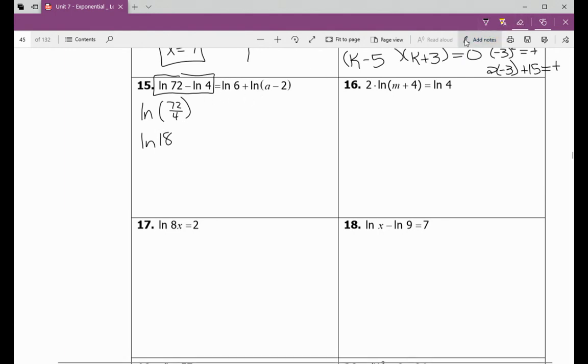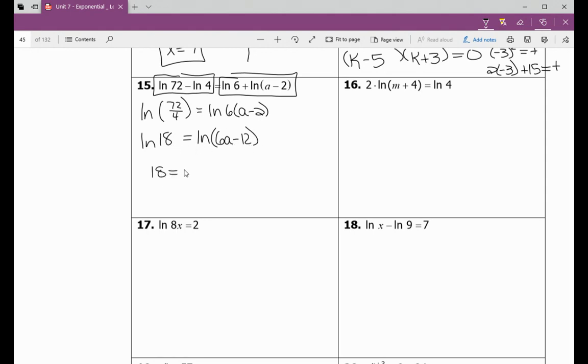Here, I need to pull these together with multiplication. So I get natural log of 6 times a minus 2, which would give me natural log of 6a minus 12. Now that I have a natural log equal to a natural log, I set my numbers equal.